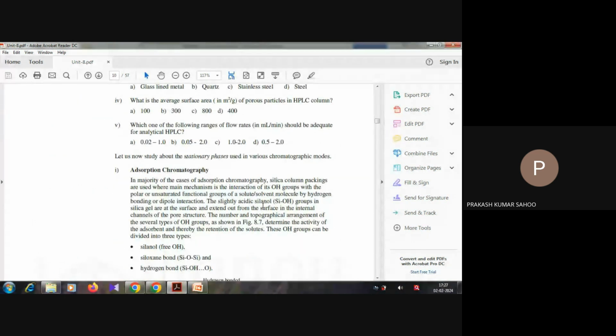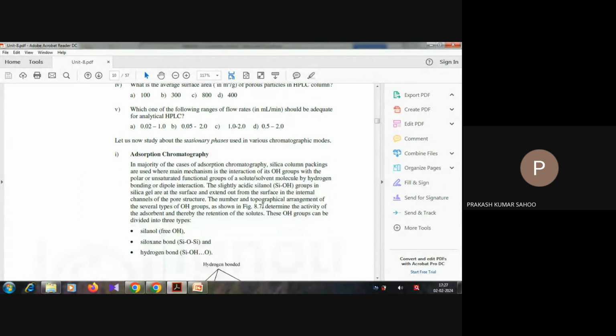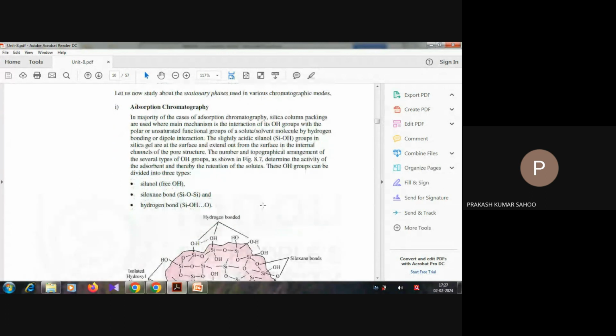Then the different phenomena, that is adsorption chromatography. In adsorption chromatography, we have the phenomenon of adsorption where the surface of the stationary phase is treated as the adsorbent, and the particles of the sample are known as the adsorbate particles, which get adsorbed on the surface of the adsorbent.